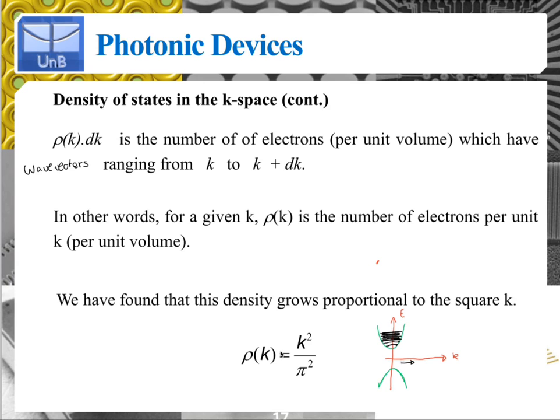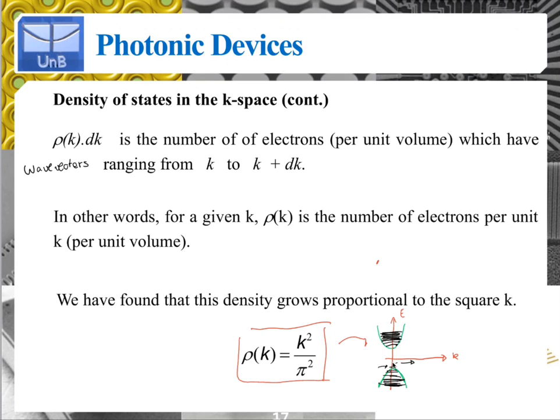The same thing will happen in the valence band in the opposite direction. Closer to the smaller k's, right at the band edge, you'll have a smaller density of states, and as you go into the band, you will have more states, closer and closer together. This is mathematically given by this expression right here.